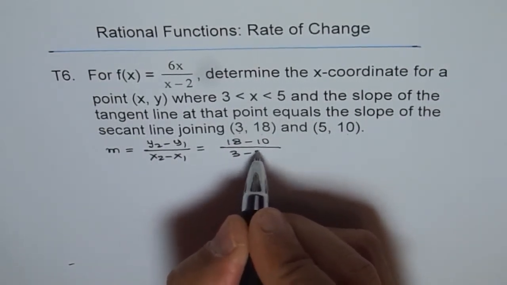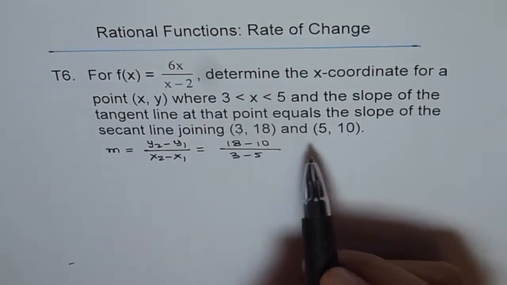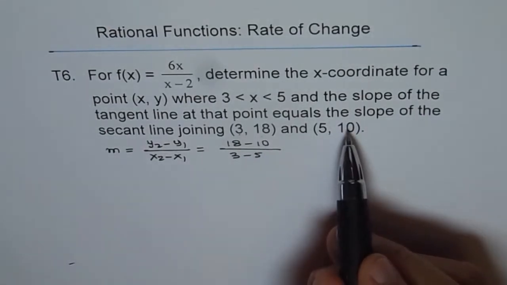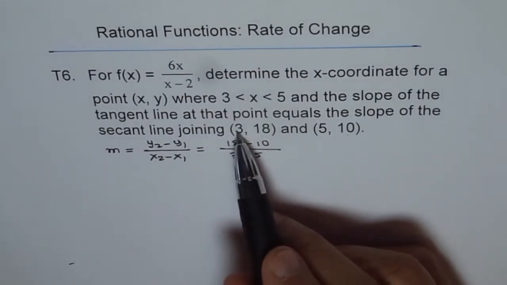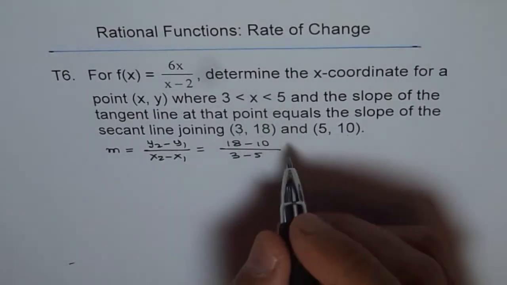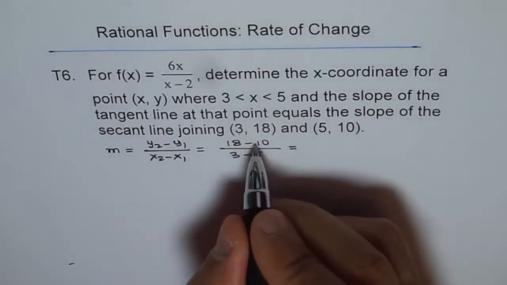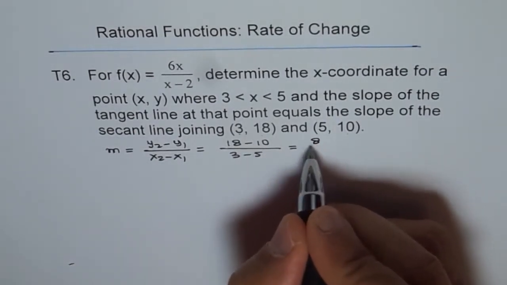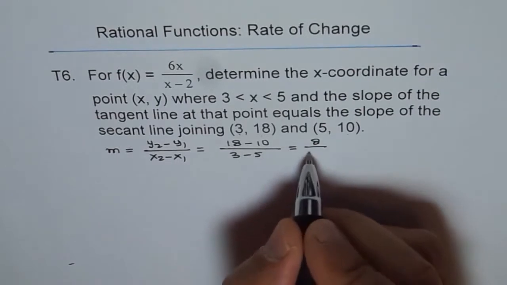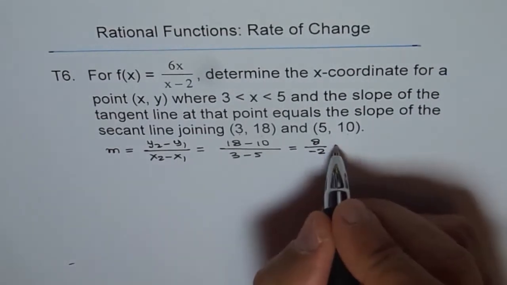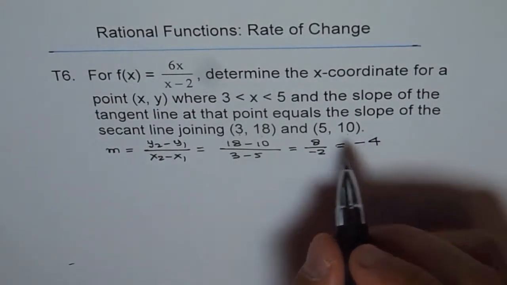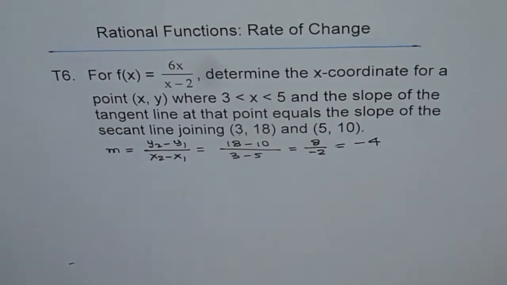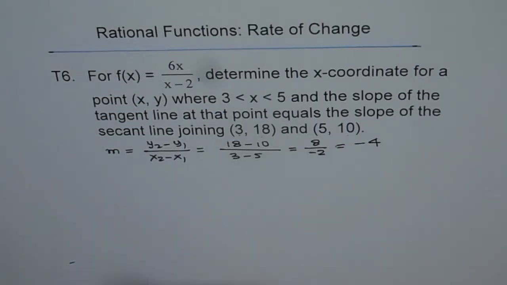Important thing is that we have to maintain the order. If you select this as the first and that as the second point, it will be 10 minus 18 divided by 5 minus 3. Either way, you get the same result, right? So now 18 minus 10 is 8 and 3 minus 5 is minus 2. With that, you get minus 4 as the slope of the line joining these 2 points. So we have done that. Now we know at least what slope is required, right?